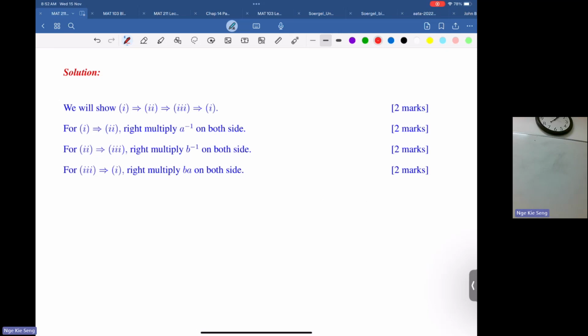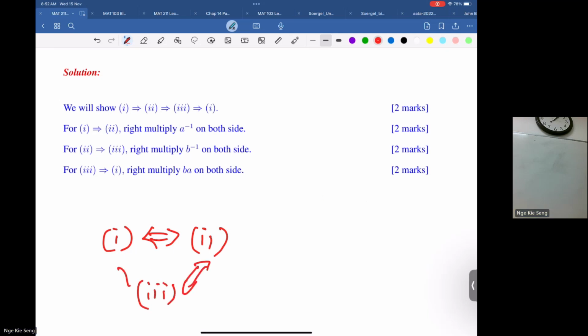How to prove it? There's nothing in the condition for you. I didn't tell you what a and b are. So when we put the following are equivalent, it means each statement implies every statement.